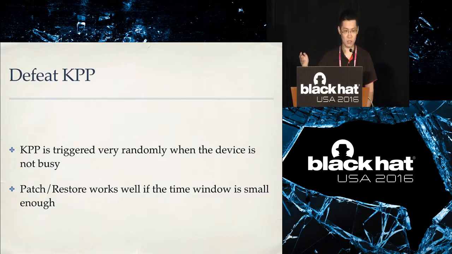Sometimes it takes hours to trigger the panic. So if you don't need a persistent patch, you could just patch and restore it in a very small time window, like just 1 second. I think it's enough to do a lot of things, and that's very, very safe.